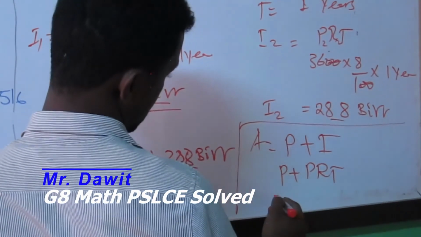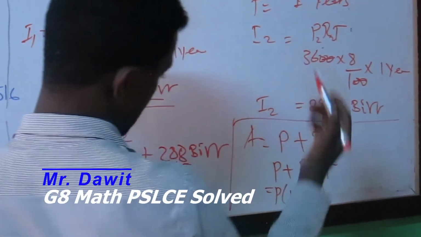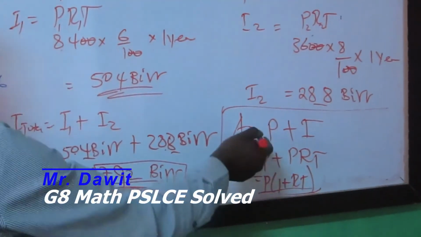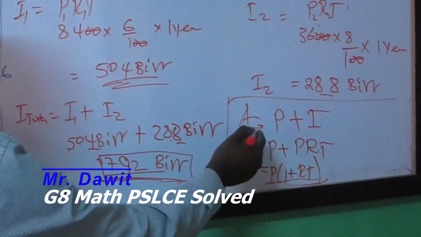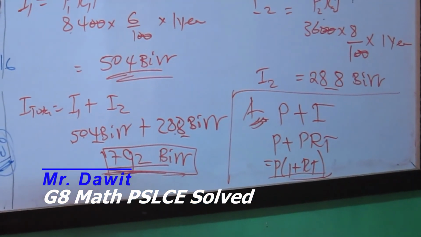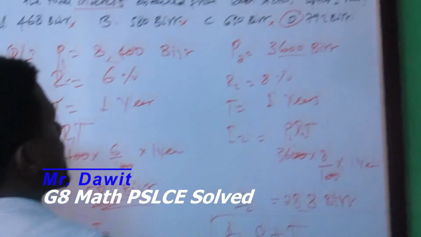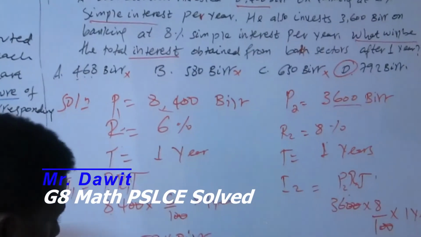Therefore, you can use 1 plus RT. This is the same formula to find the total amount obtained after investing a certain money at a certain rate and after a certain period of time.